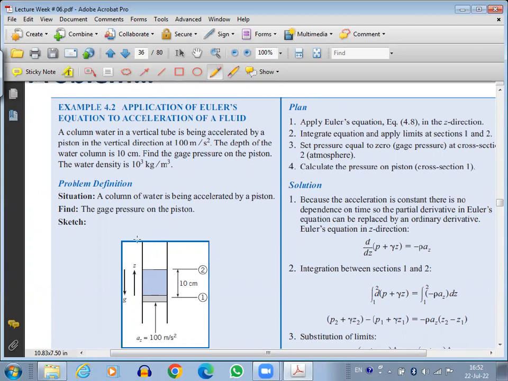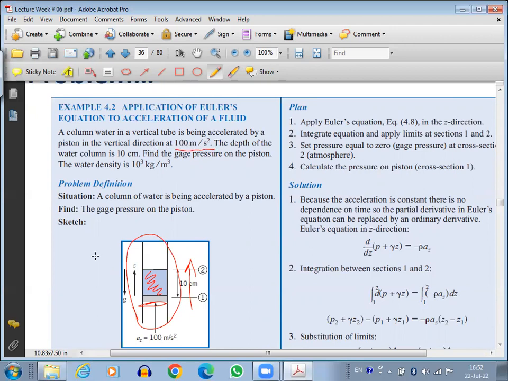So you have this situation where you have a water column here. In this water column, you have a piston, and above the piston there is water. This piston is moving up, and we need to find out how it is moving up, at 100 meters per second squared.